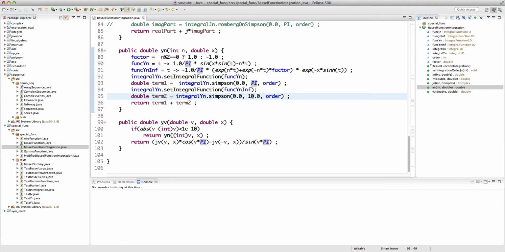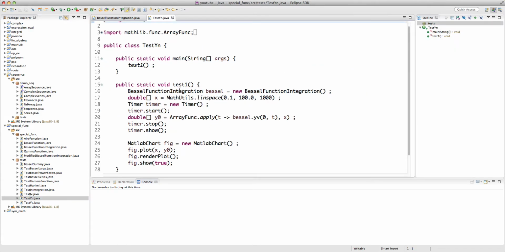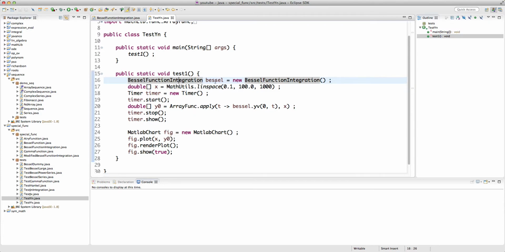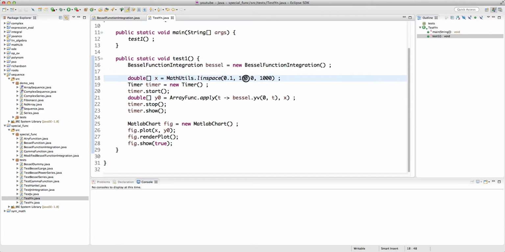You can set it to 20, 100. You have to be careful that the integration is stable, otherwise you get inaccuracy. All right, and I have created this test yn. So I create the Bessel function integration object, and then x goes from 0.1 to 100. I'm not setting 0 because it goes to infinity.